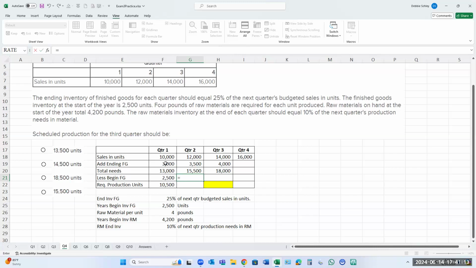Beginning inventory for quarter 2 is ending inventory for quarter 1. Now I have my sales in units plus ending, which is 25% of quarter 4. Add those together to get total needs, less beginning, which is the same as ending inventory for the previous quarter. So I take my total needs minus my beginning finished goods, and I need to make 14,500 units.